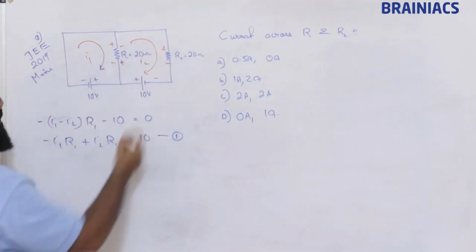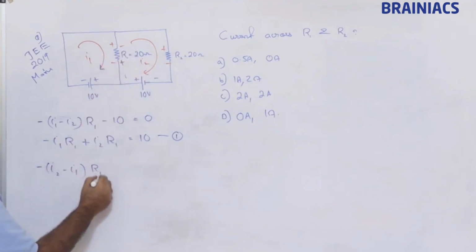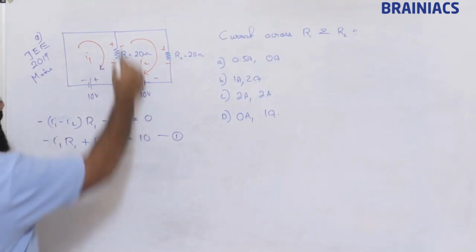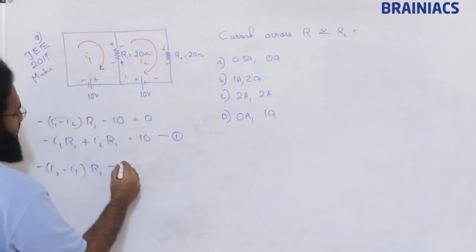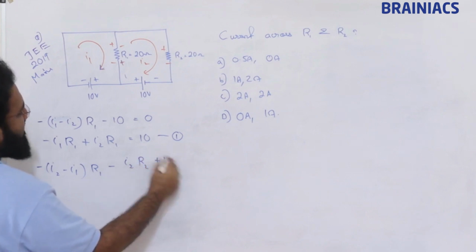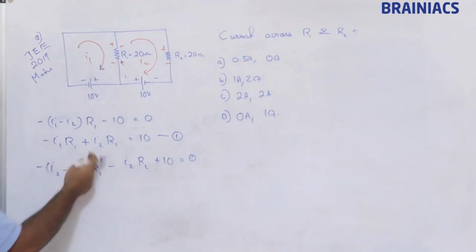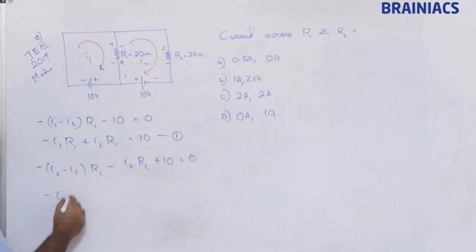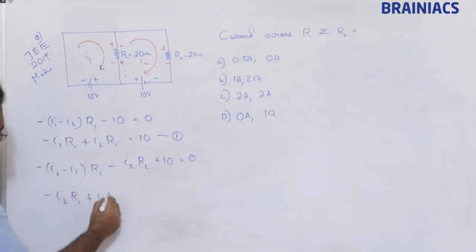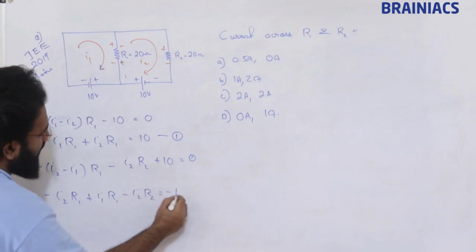Here we can take another equation. This is I2 minus I1, and this is the direction we are considering. So minus R1, then minus I2 R2 plus 10 equal to 0. So we get minus I2 R1 plus I1 R1 minus I2 R2 equals minus 10.